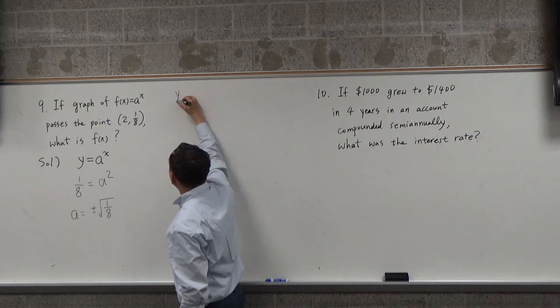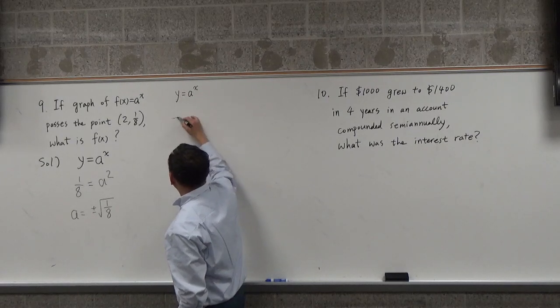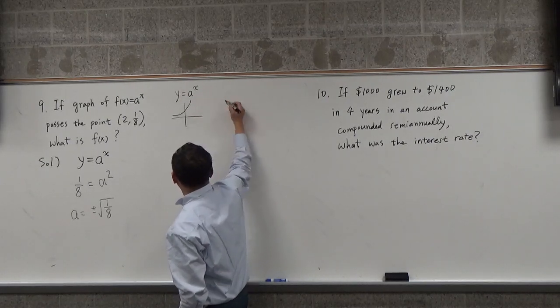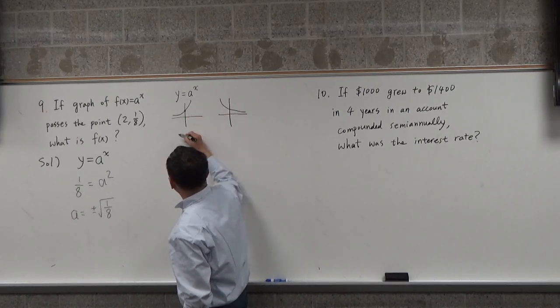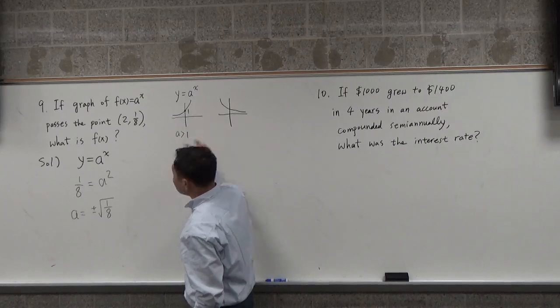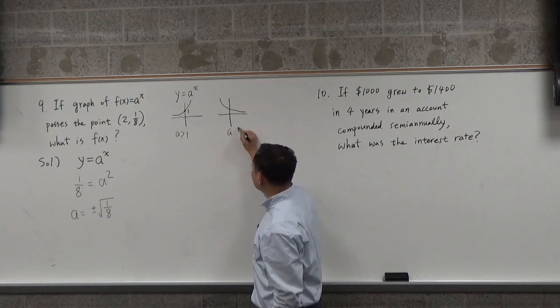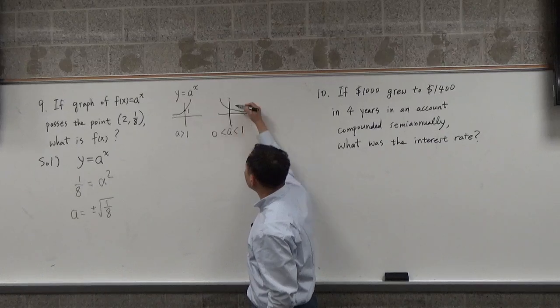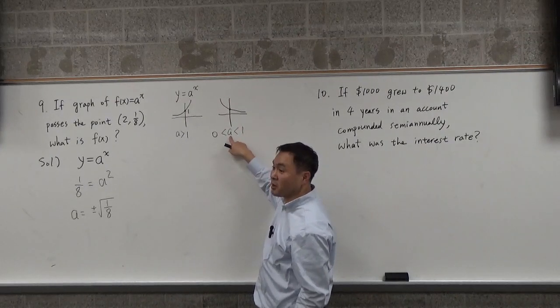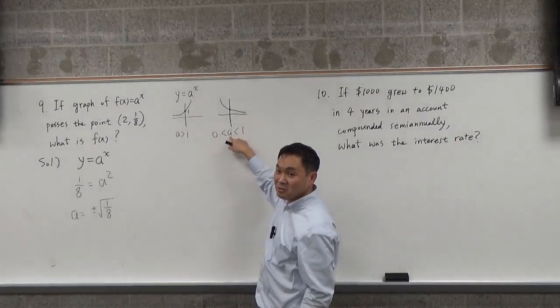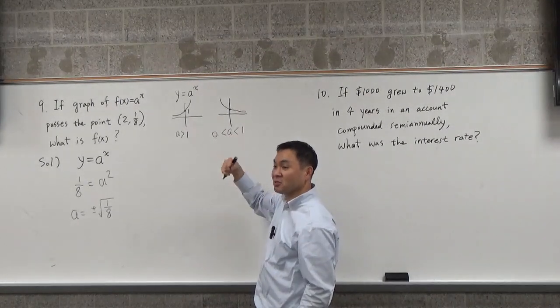see, the graph of y equals a to the x is either like this or this. If a is bigger than 1, then this is the graph. If a is between 0 and 1, then it actually falls down, because the more you multiply a, where a is less than 1, it shrinks down, right?